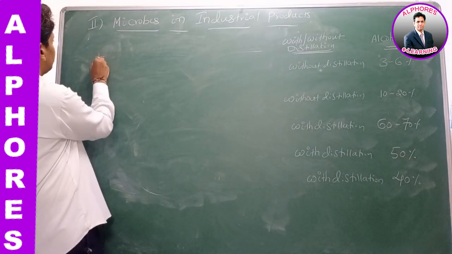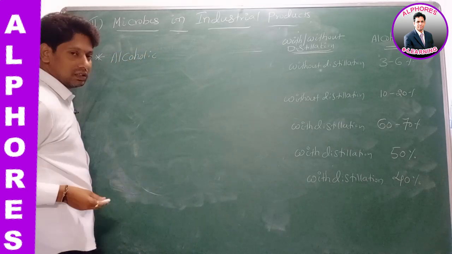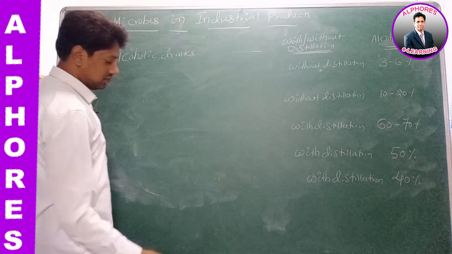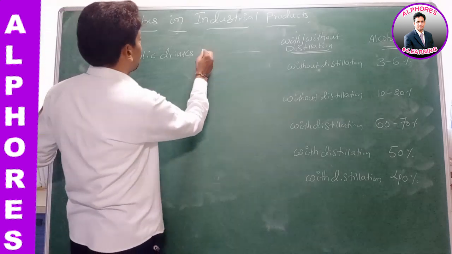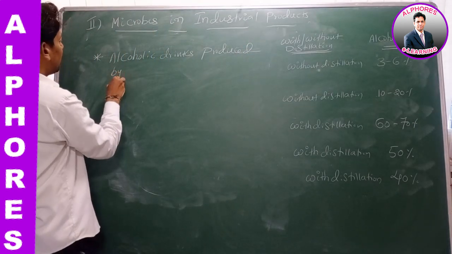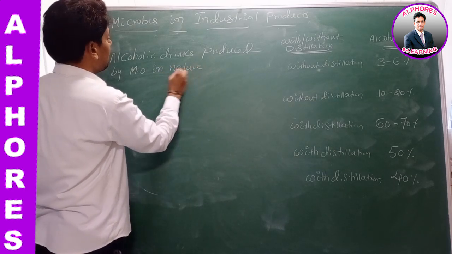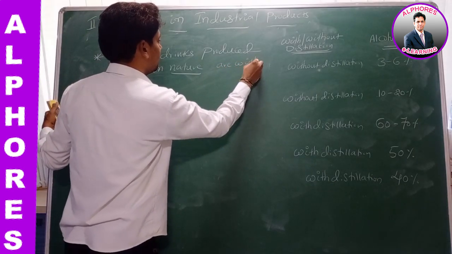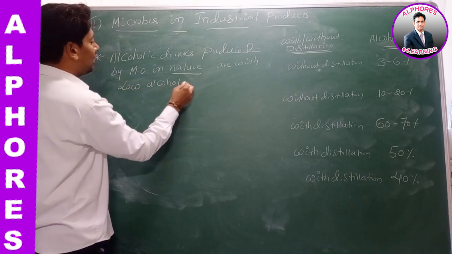Now listen here. Alcoholic drinks produced by microorganisms in nature are with low alcohol content.